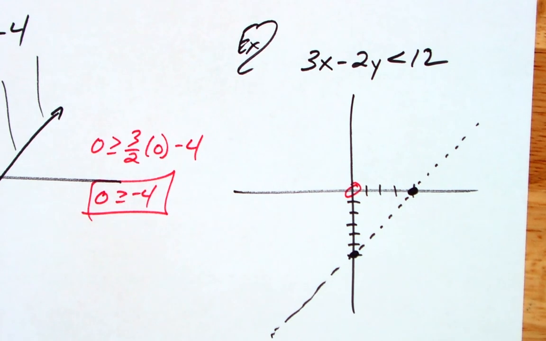Go. Since we don't have y by itself, we can't just say, ooh, less than, I shade down. Maybe we do, maybe we don't. I don't know. We're going to do a little work to figure it out.